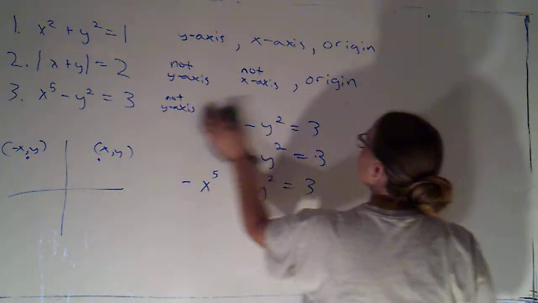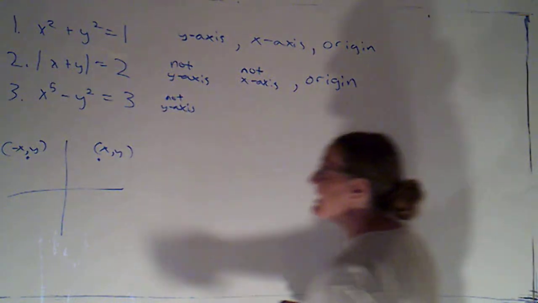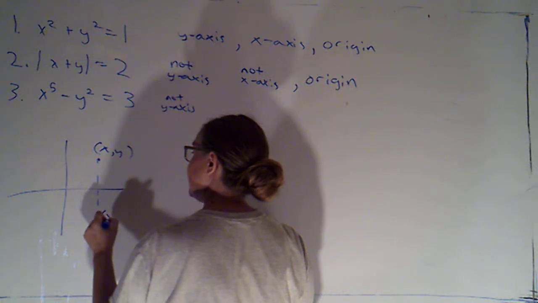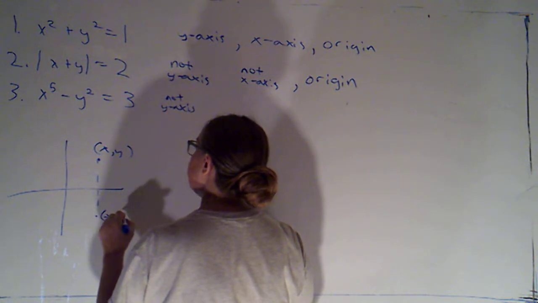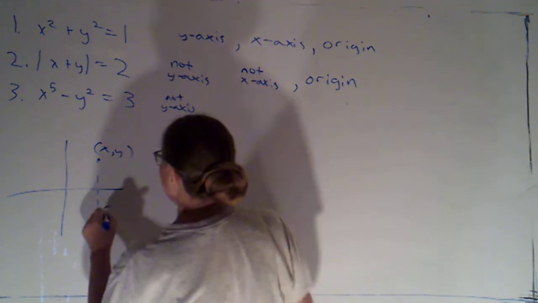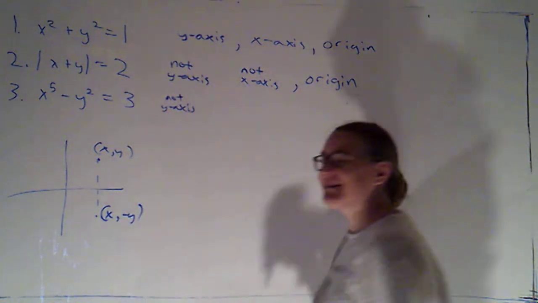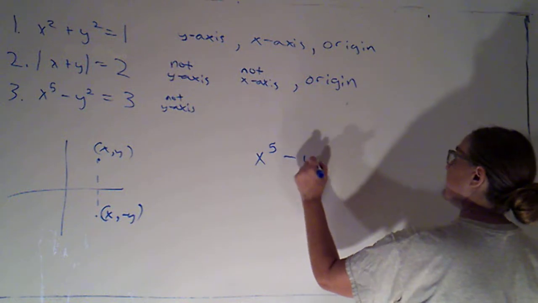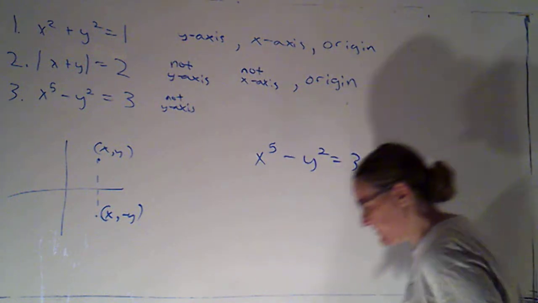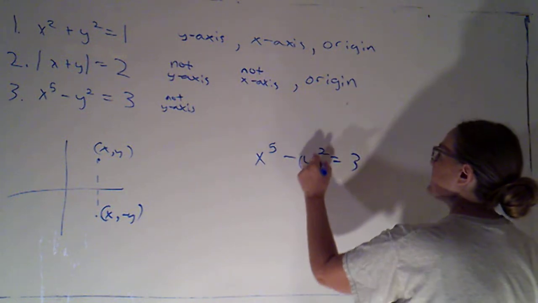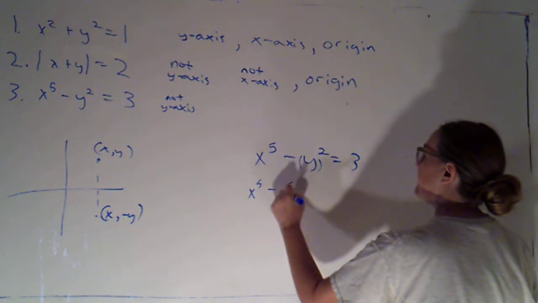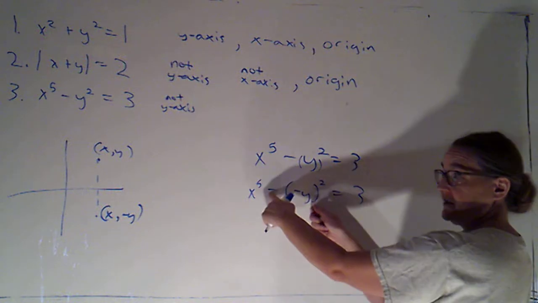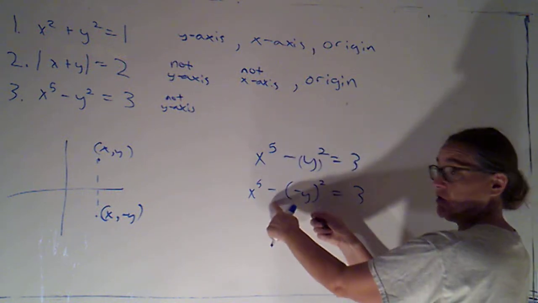Now, if I check for symmetry about the x-axis, the mirror image point about the x-axis would have the same x value and the opposite y value. So my original equation is x to the 5th minus y squared equals 3. I'm going to replace that y with the opposite of y. Now notice there's still a subtraction sign in between the two terms.